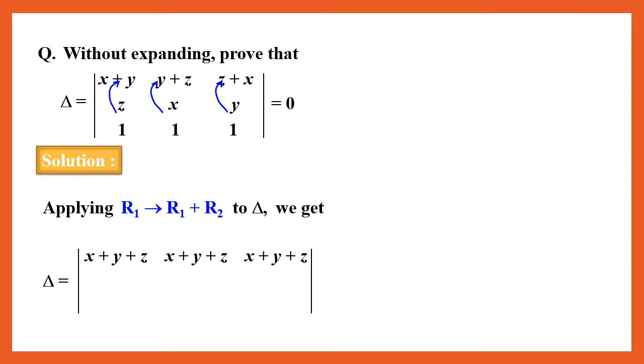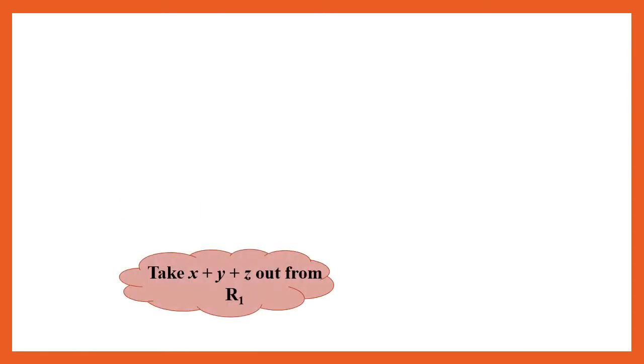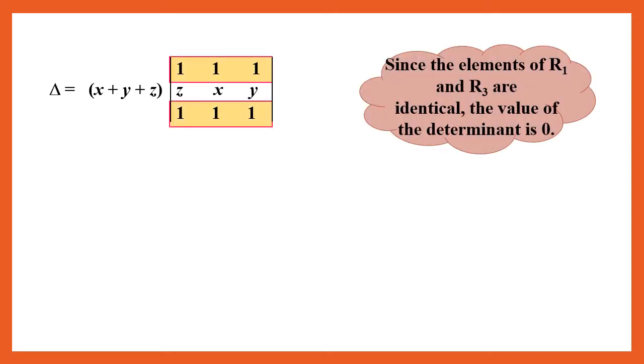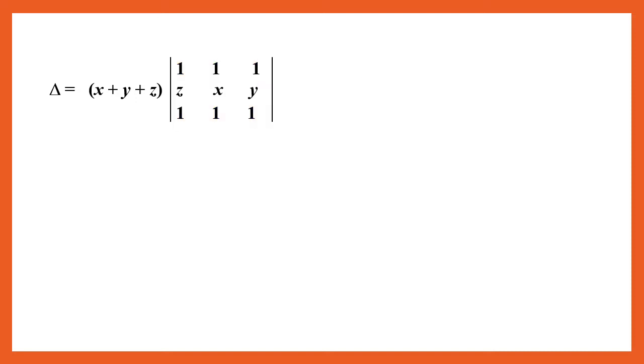The elements of R2 and R3 will remain as it is. Next, we take out the common factor x plus y plus z from the first row. So the elements will be 1, 1, 1. Now we can see that the elements of R1 and R3 are identical. So value of the determinant is 0. So x plus y plus z into 0 will be equal to 0.